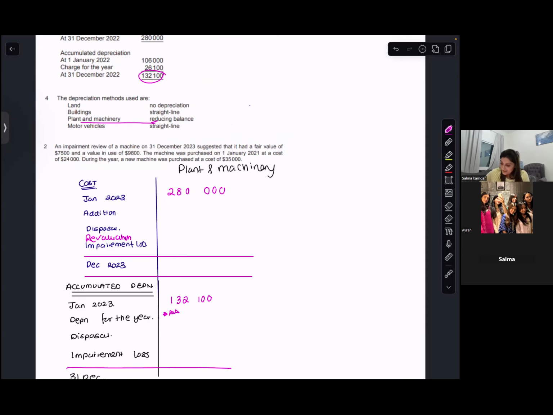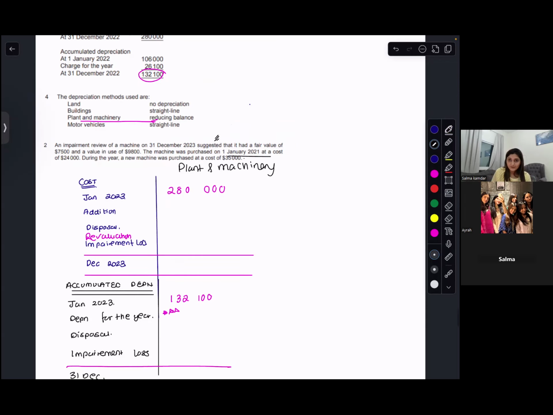There is something related to impairment, which I am not really aware about. But I know that the machinery was purchased at a cost of 35,000. That means I have purchased machinery worth 35,000.